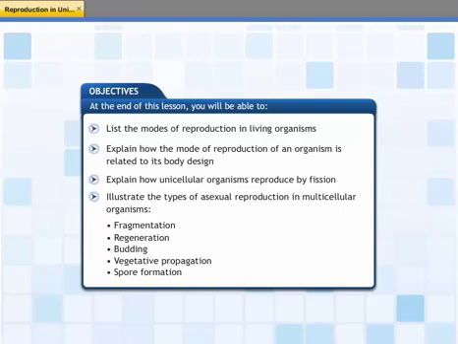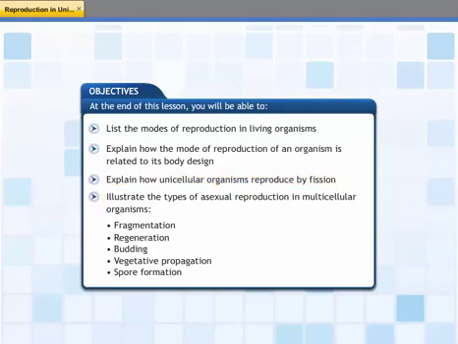At the end of this lesson, you will be able to list the modes of reproduction in living organisms. Explain how the mode of reproduction of an organism is related to its body design. Explain how unicellular organisms reproduce by fission.